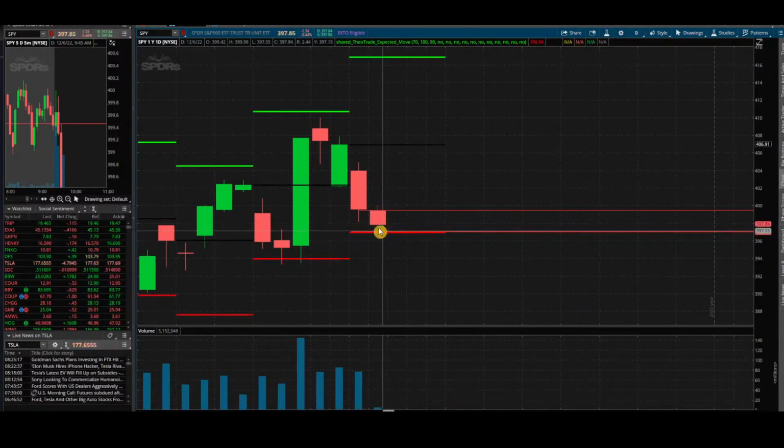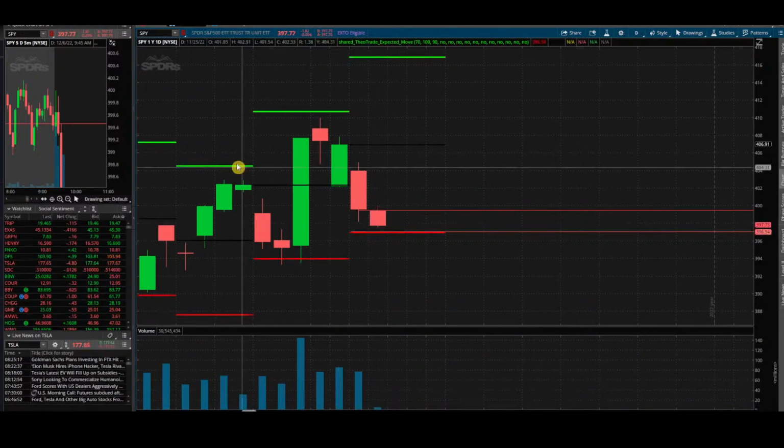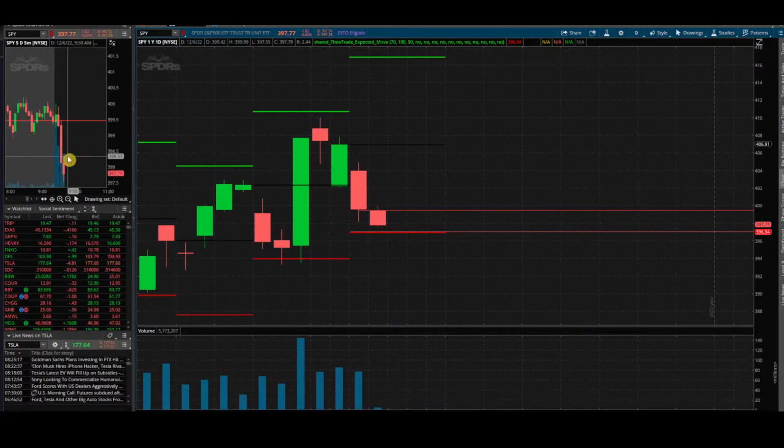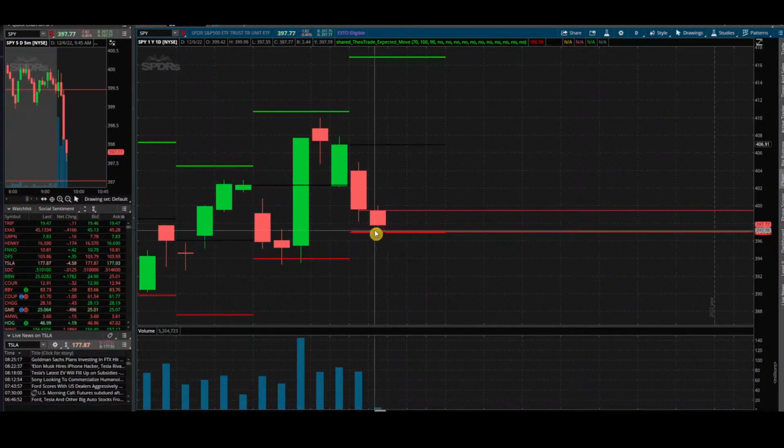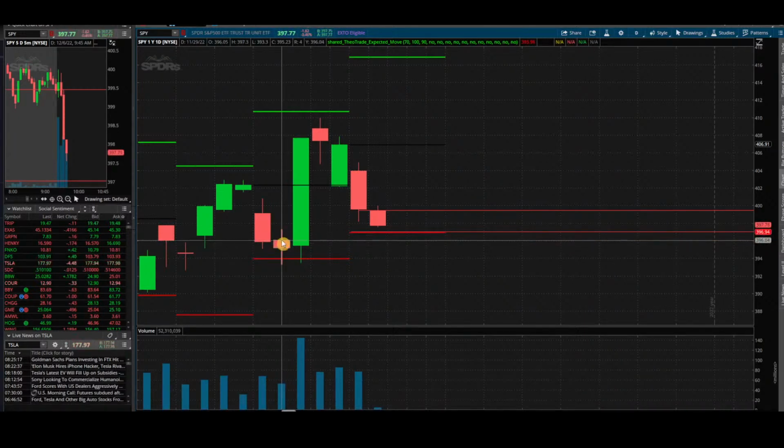So this is our targeted downside move right there. We want to see this be about as low as it goes. I don't think you would get a run down to that 396 area, as that is technically demand.